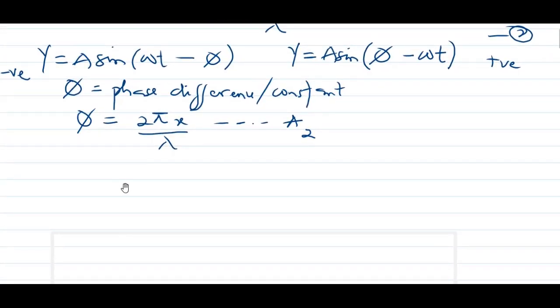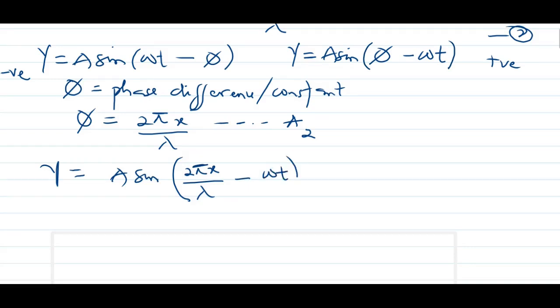So it's important to know that y equals A sine. Instead of writing phi here, I can write 2 pi x over lambda minus omega t.